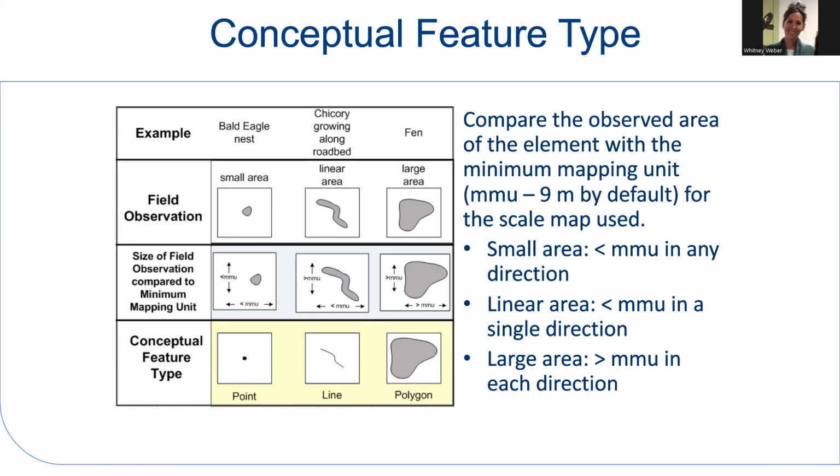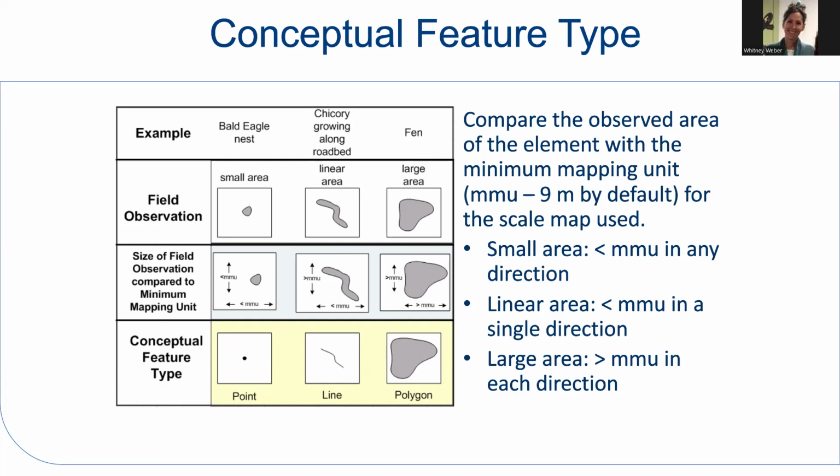In the case of a linear area, that is when the area is less than the minimum mapping unit, or less than 9 meters in one direction, but longer than 9 meters in another direction.